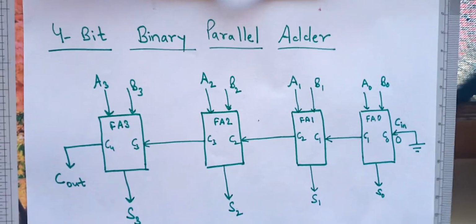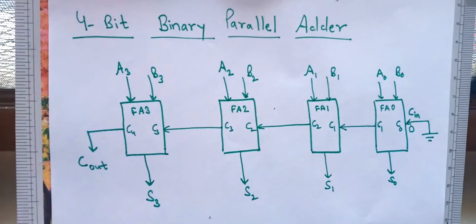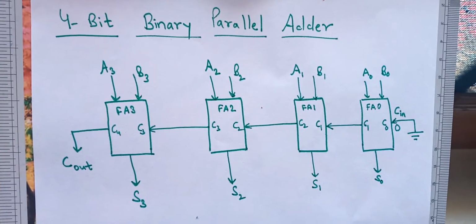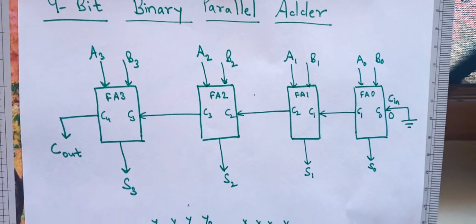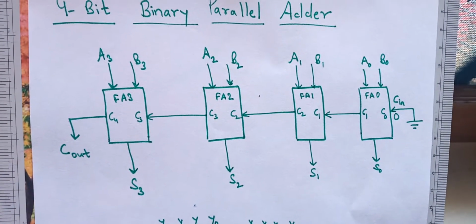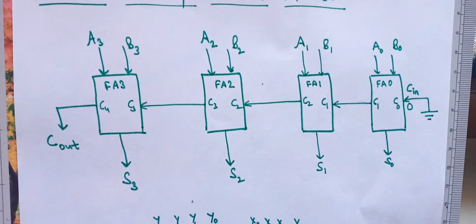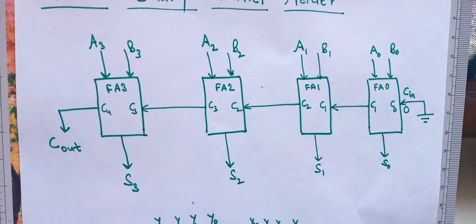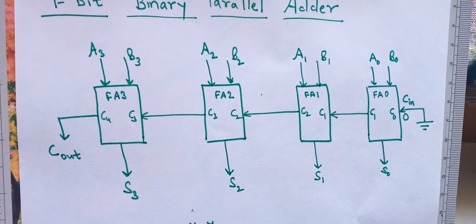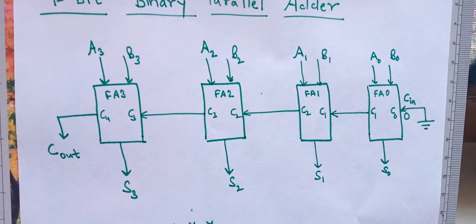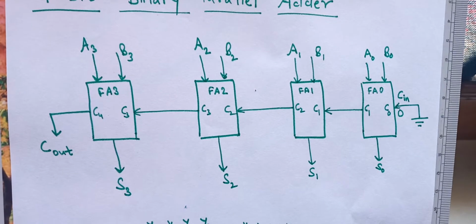So let us first assume that a number A is A3 A2 A1 A0 and a number B is B3 B2 B1 B0. Now since these two numbers are binary in nature, we can add them using full adders. Why using full adder? Why not half adder?